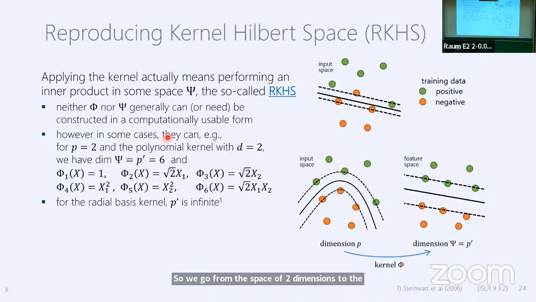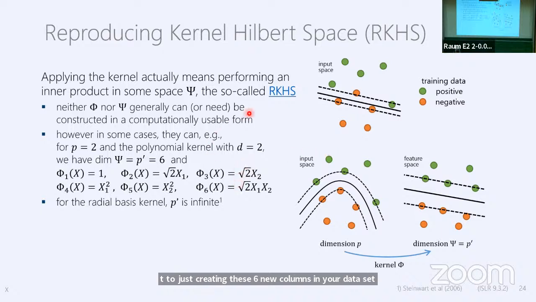We had x1 and x2, we apply the polynomial kernel, and this is equivalent to moving to a new space with 6 dimensions, where the dimensions are these transformations. We have the bias term 1, x1 and x2 squared, the square-root-scaled terms of x1 and x2 only, and the interaction term. So in this case, a polynomial kernel is equivalent to just creating these 6 new columns in your data set and running the linear SVM.